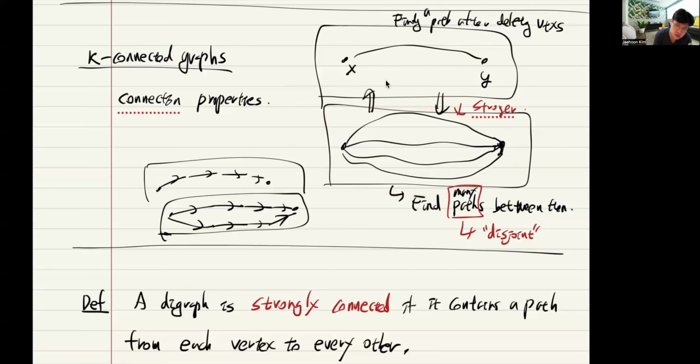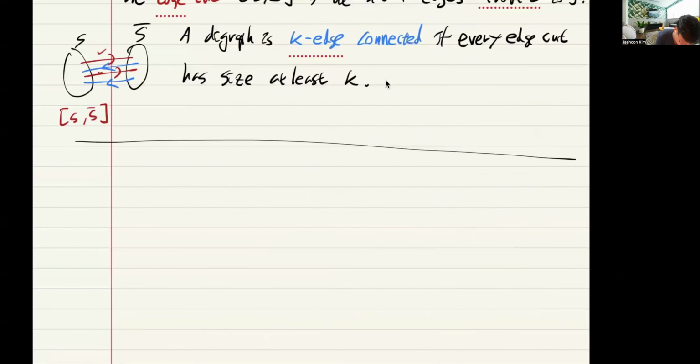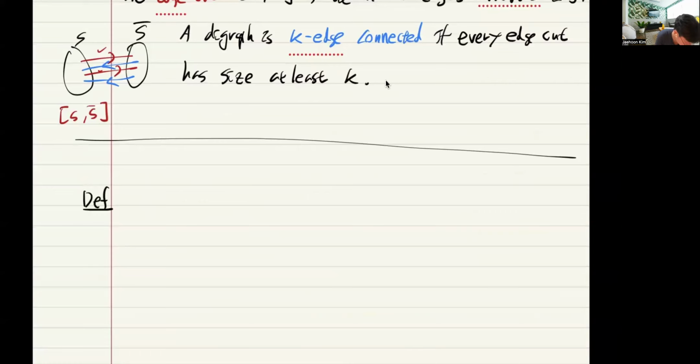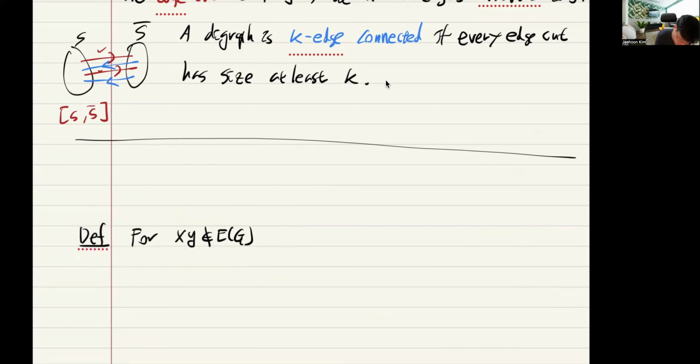Here was the robustness of the connection. Here, we want to find many disjoint paths so that we can ensure many ways to connect them. So let's define, maybe now we defined the connectivity for graph or digraph.